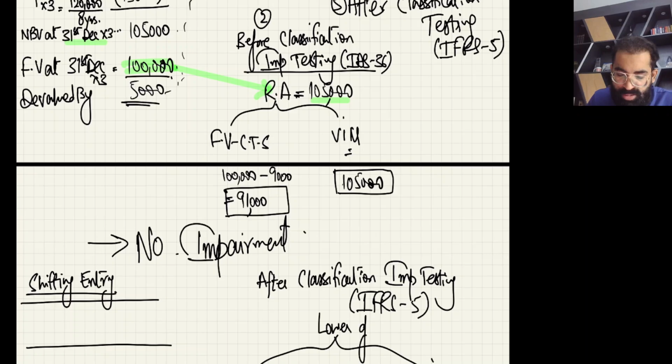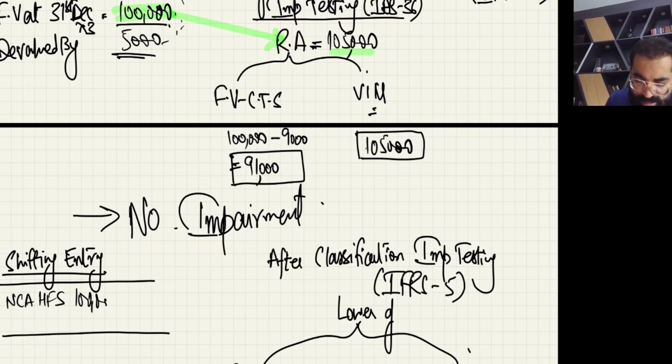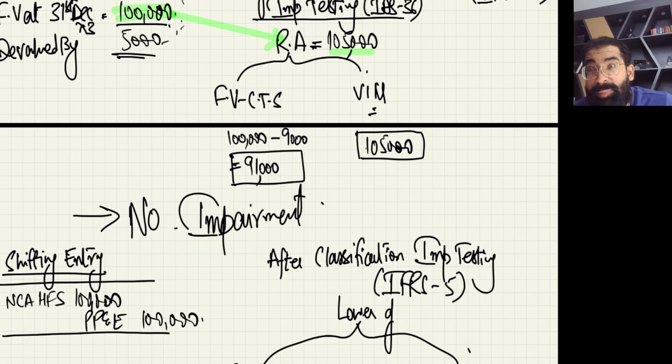Now what does shifting entry mean? You will say bye bye to the non-current asset, the PPE, and you will give birth to held for sale. So this will be NCA HFS debit 100 and property, plant and equipment credit 100. Once you make this entry, you enter the bubble of IFRS 5.